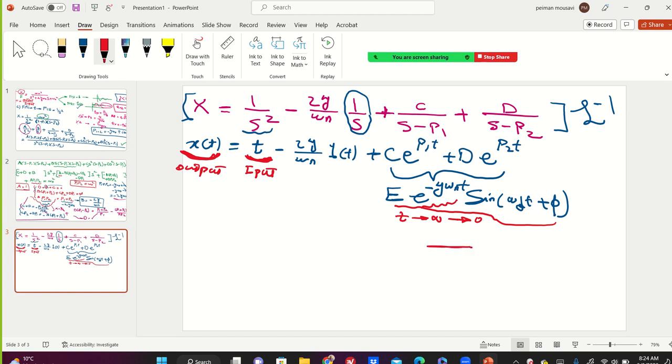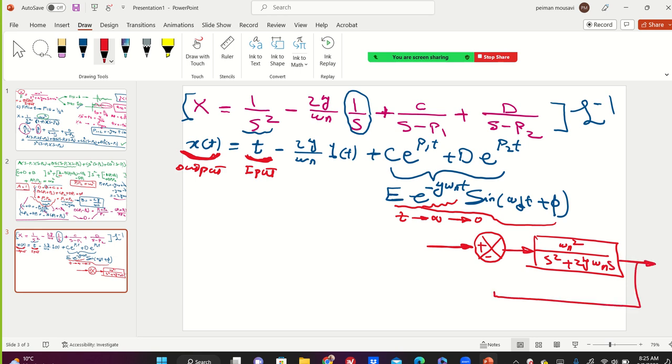And again, when I'm plotting this, omega n square in s square plus 2 zeta omega n s, input, output.